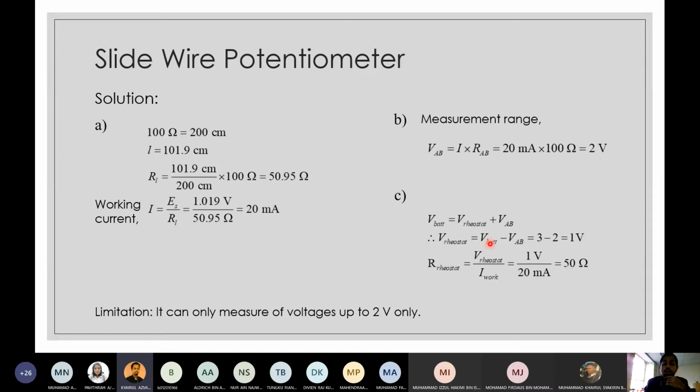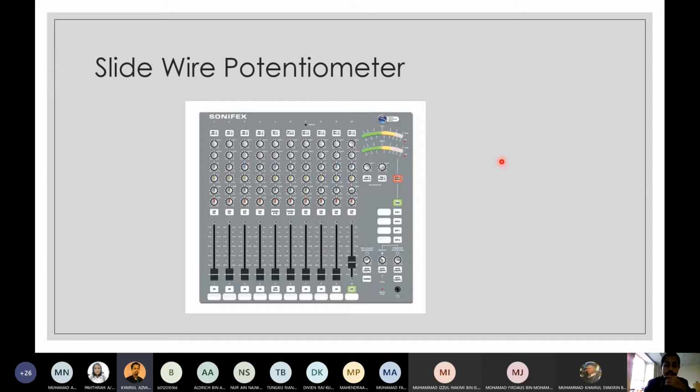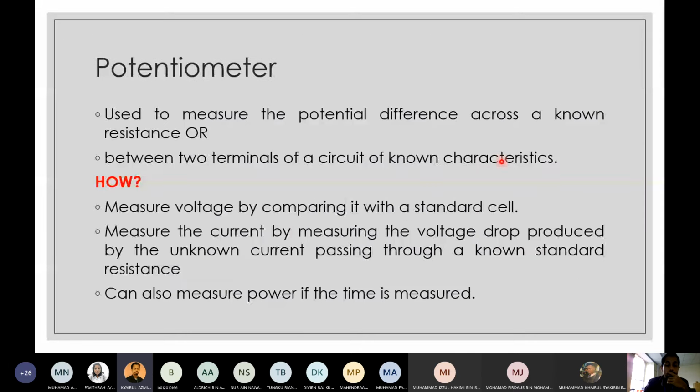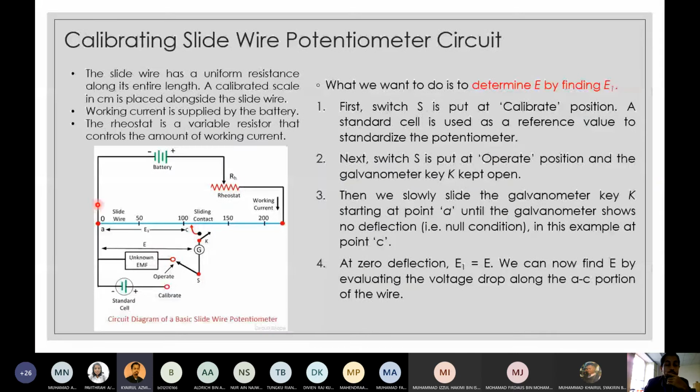Next, we need to determine the value for the rheostat. What is the value of the variable resistor to make sure that the current is at 20 milliamps? We know from the circuit just now that from the battery up to the same point back, this is a complete circuit.